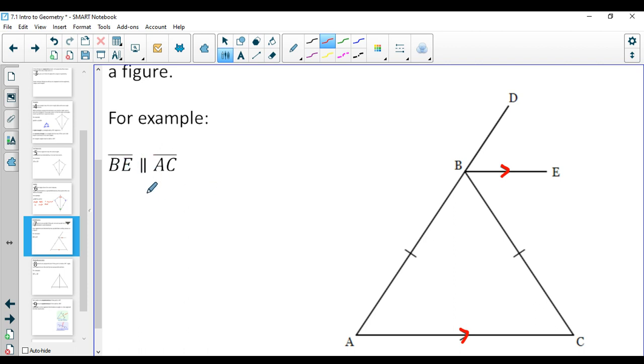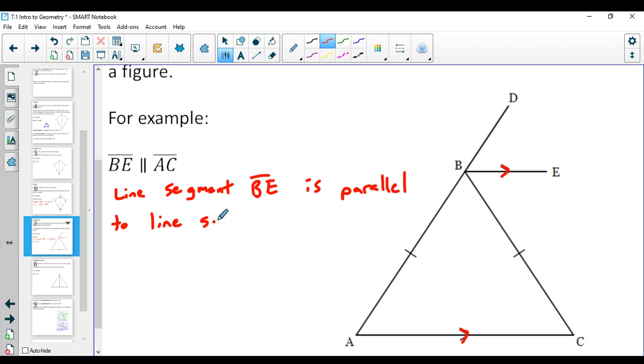So BE is parallel to, and then how you would write this one for our Go Formative assignment is line segment BE is parallel to line segment AC, right?